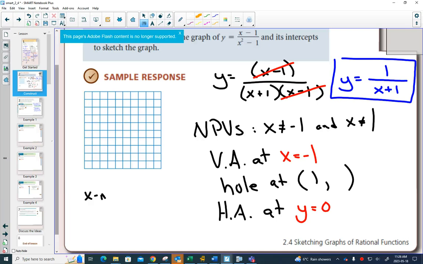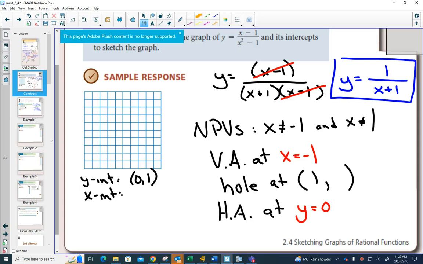Find our x-intercept and our y-intercept. And from now on, we use the simplified, we're graphing the blue one and adding a hole. We're still graphing the original, but for our steps moving forward, we use the simplified version. So if I plug in 0 for x, I get 1 for y.